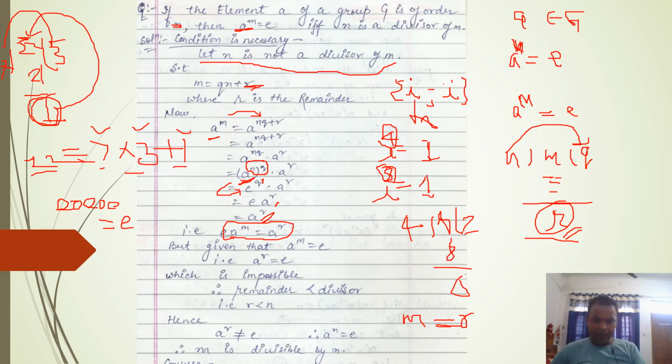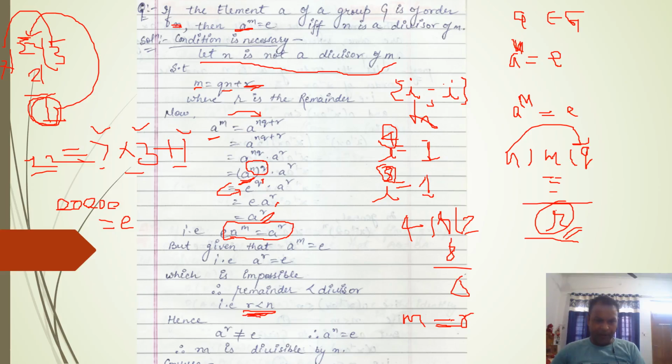The remainder will always be less than the divisor, which is a contradiction. So our assumption is wrong. It means n is a divisor of m. It means n can divide this m completely. That is, a remainder is not allowed here. So the value of r will be 0, because this is the rule.